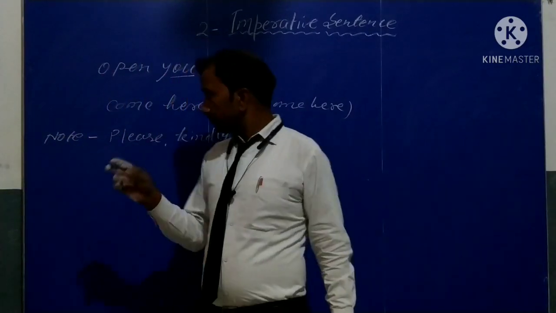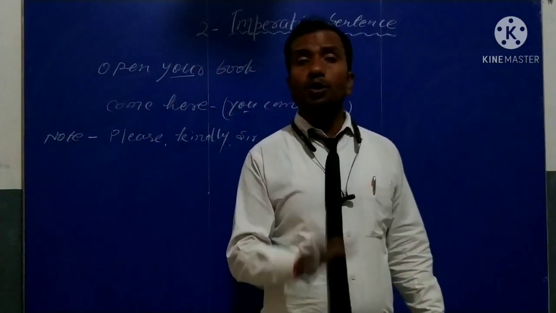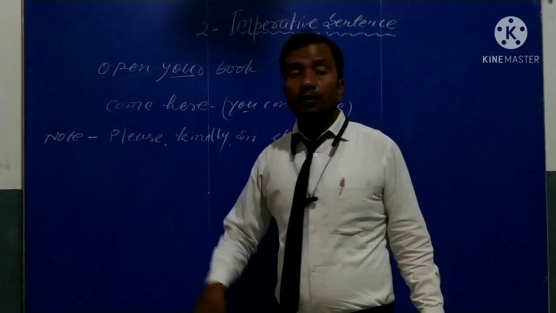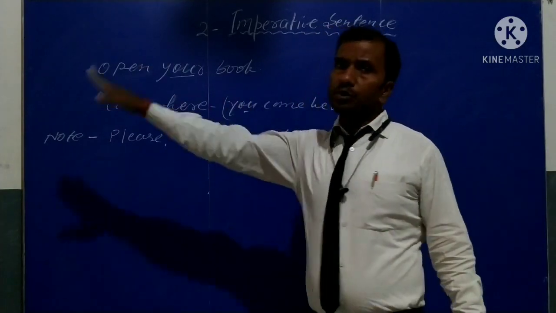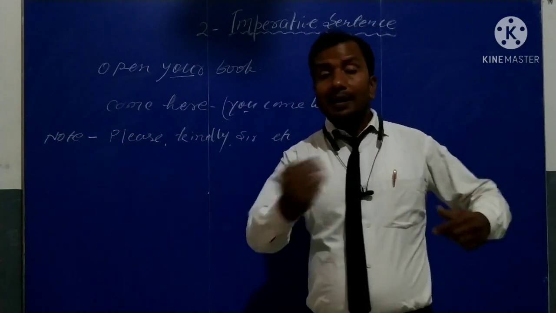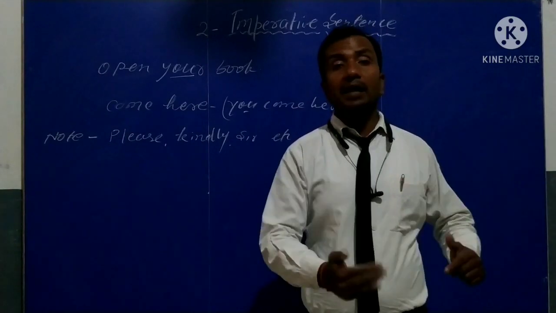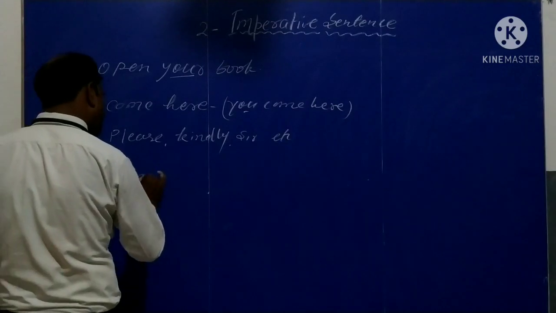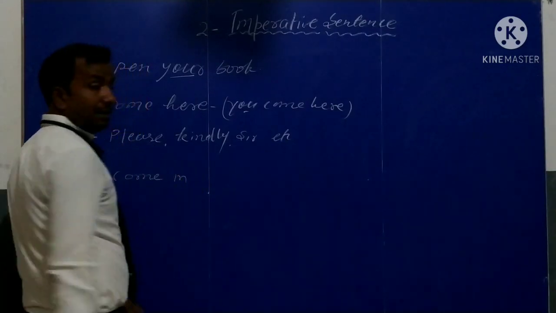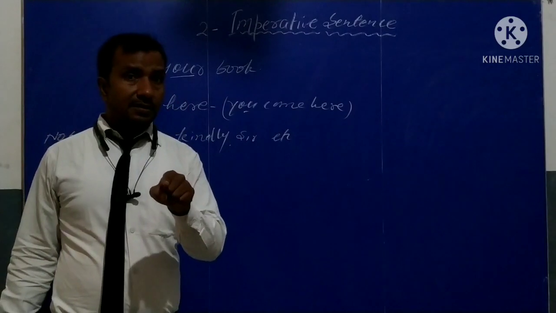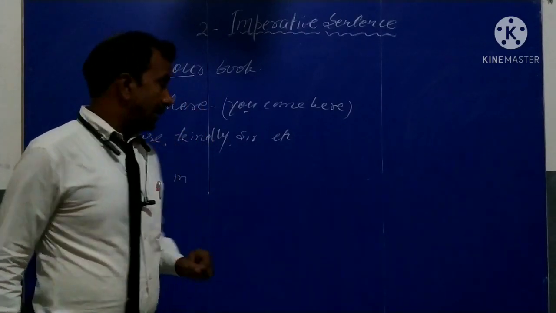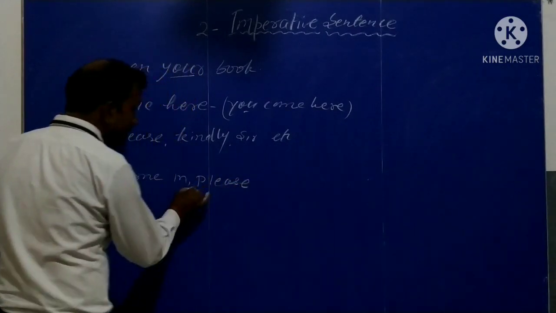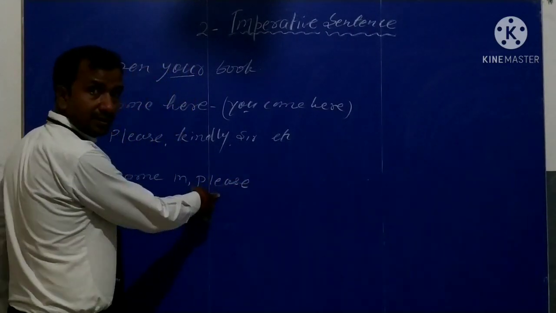If you want to express the sense of request, then you have to separate these words with the comma. These words can be used first, but right at the end of the sentence, separated with the comma. For example, coming, and if your sense is please come in, then you have to write here coming please, separated by a comma at the end of the sentence.